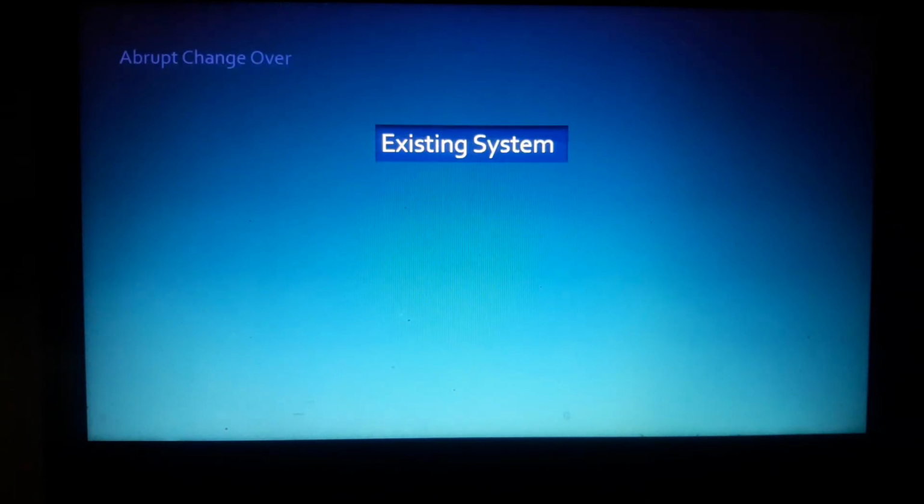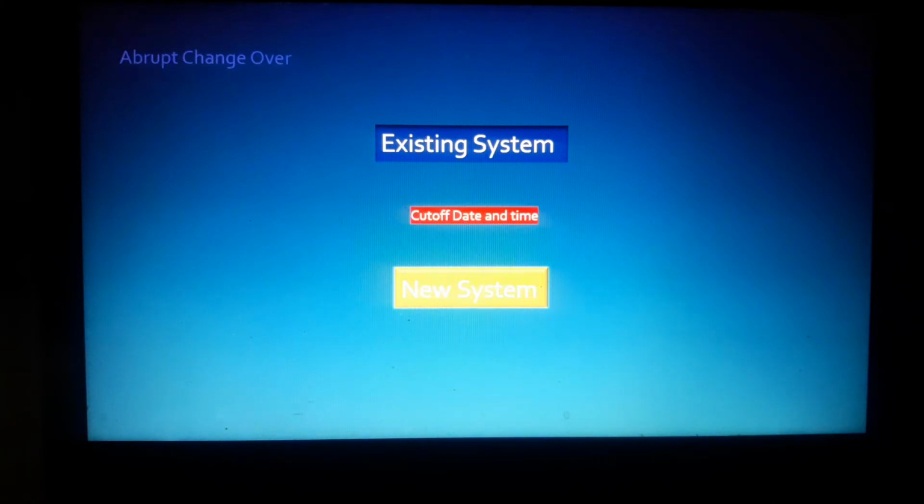And we will see the third one, that is abrupt changeover. Abrupt changeover means the existing system is replaced by the new system on some cutoff date and time. If today is 30th September, my system will go to the new system on October 1st.